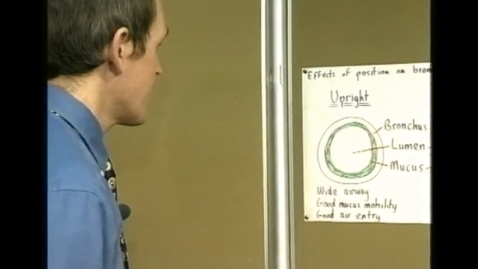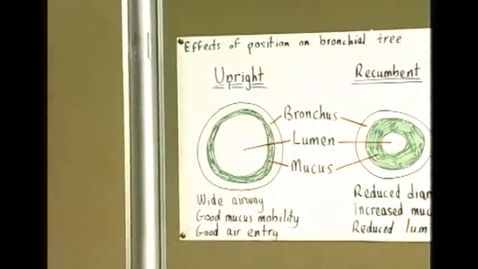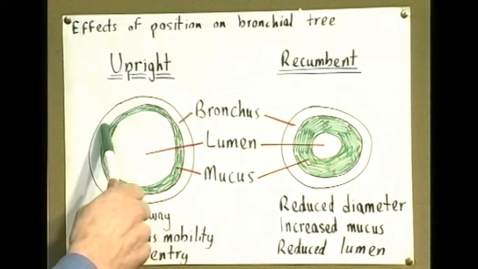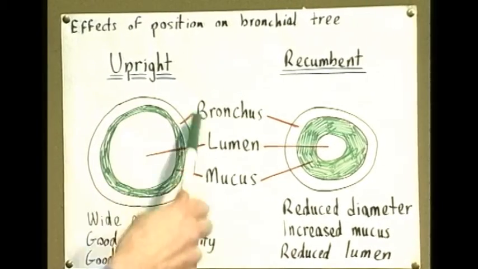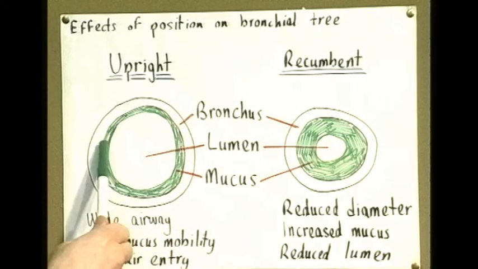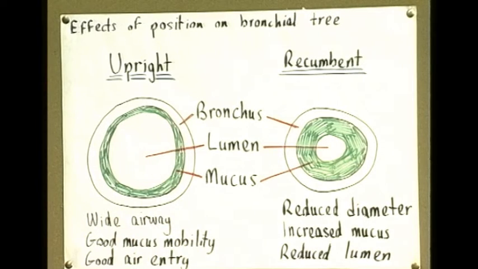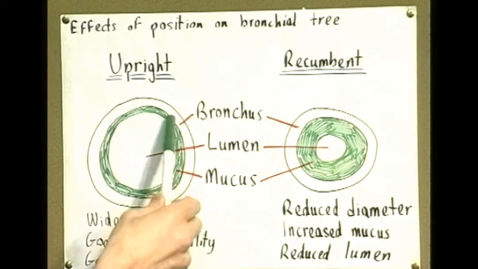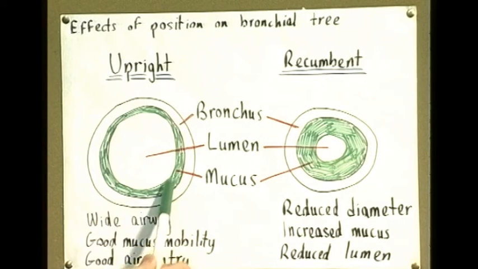So let's look at this diagram on the complications of immobility on the respiratory system. And this is to do with the position that the patient's in. Now when patients are upright, the bronchioles are more dilated, so that leaves more space in the lumen in the middle. And perhaps more importantly than that, there's less mucus. The mucus is coughed up so it doesn't accumulate and you end up with a thin mucus layer.